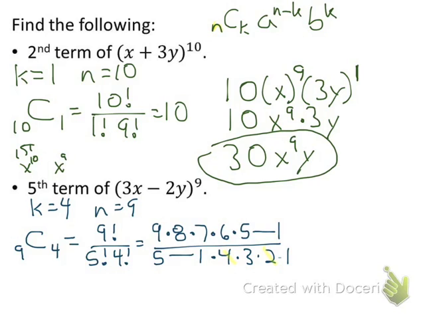Simplify 4 and 2, give me 8. We can cross out the 5 down. 6 and 3 leave me with 2. So I have 9 times 7 times 2, which gives me 126.